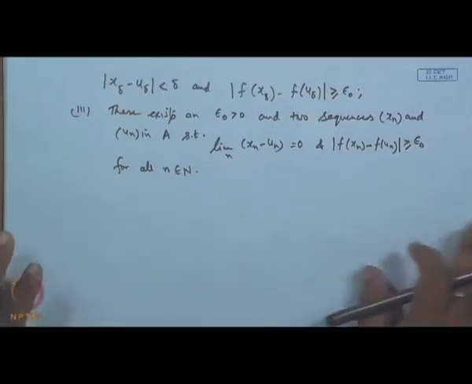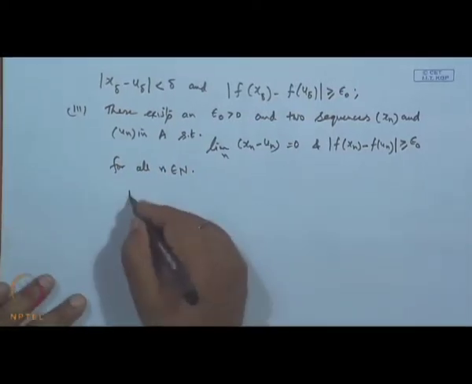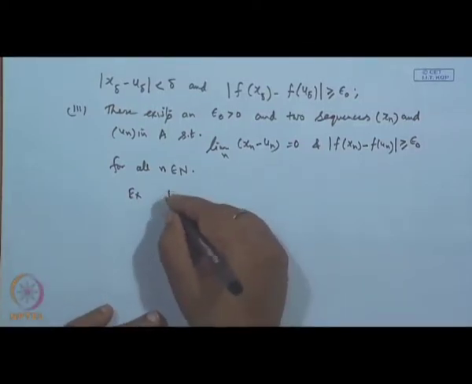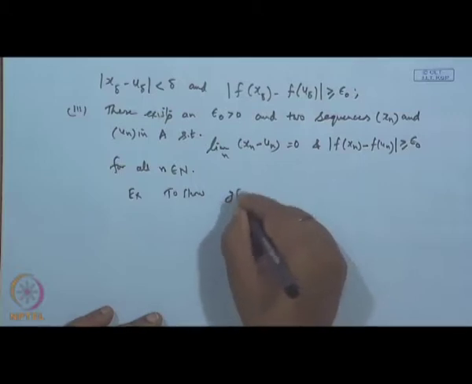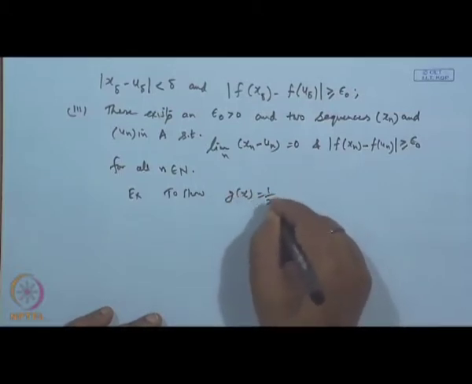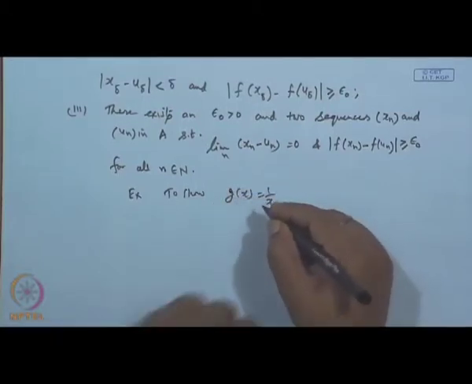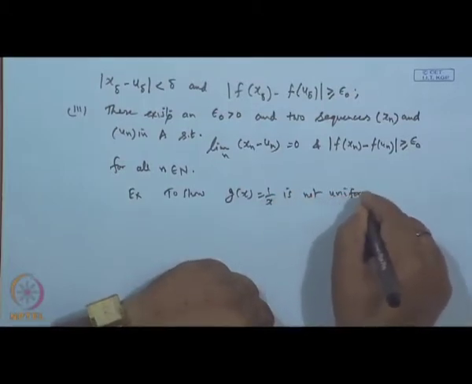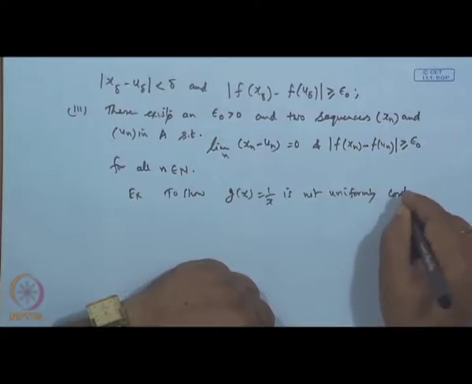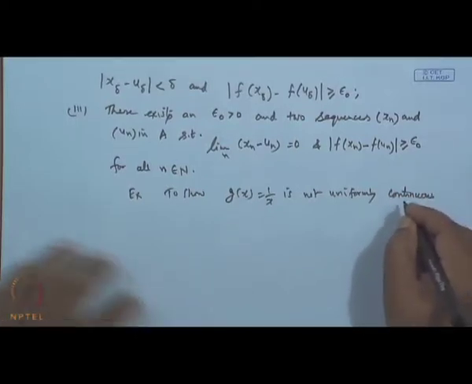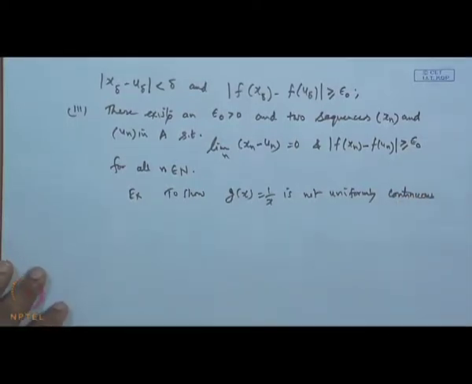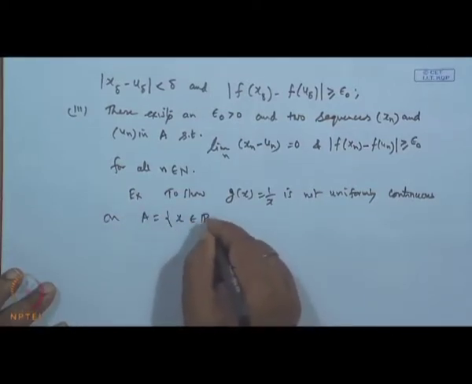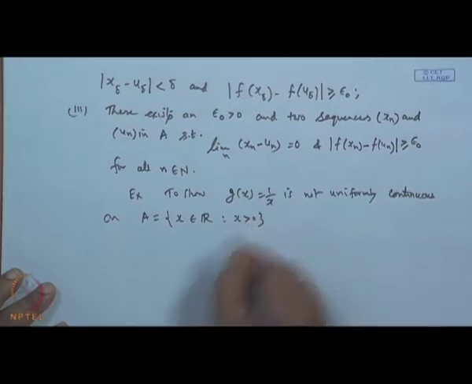Okay, we got this. Now, this criterion can be applied very directly. Suppose I apply it to show that g of x, which is 1 by x, is not uniformly continuous on the set A where x is greater than 0.